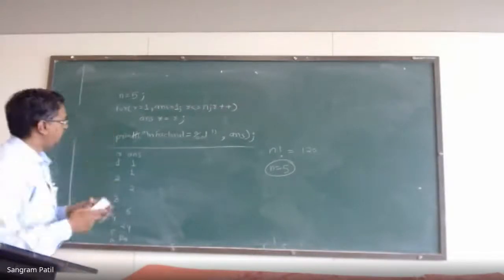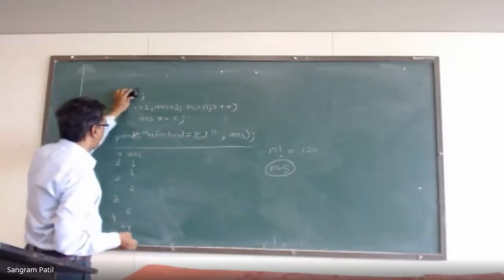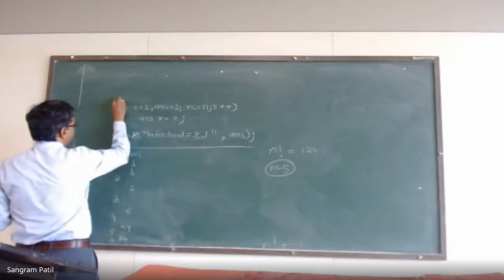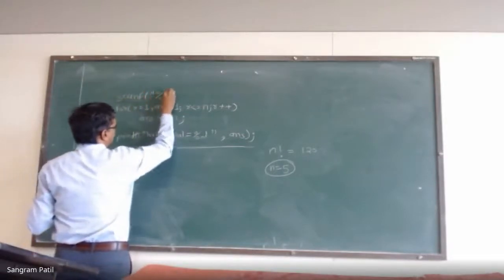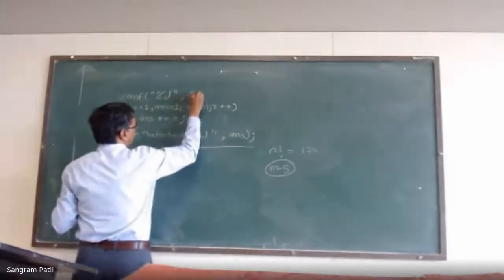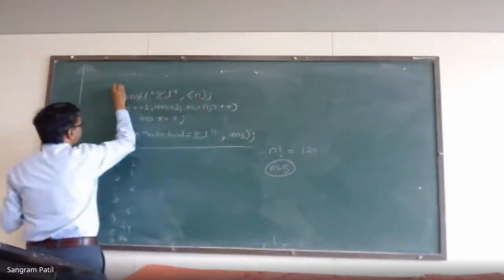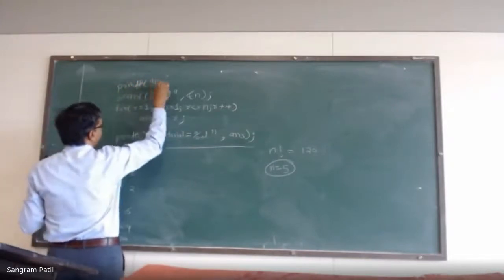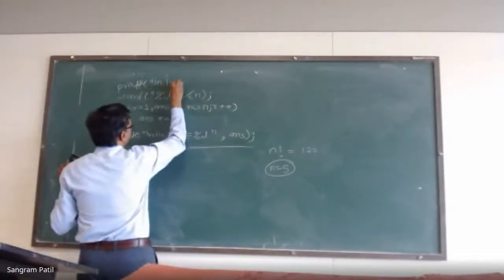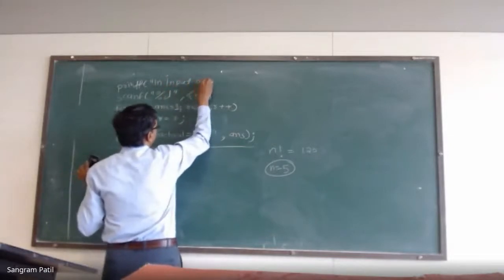Now, instead of giving the value as 5 fixed, I can read this value from the keyboard. Before the scanf statement, we put the printf statement just to indicate what we are expecting.